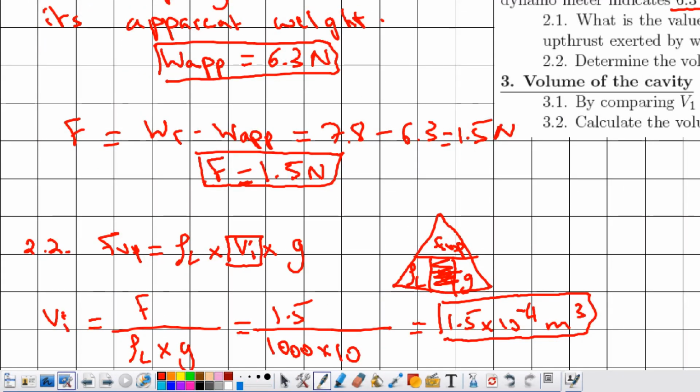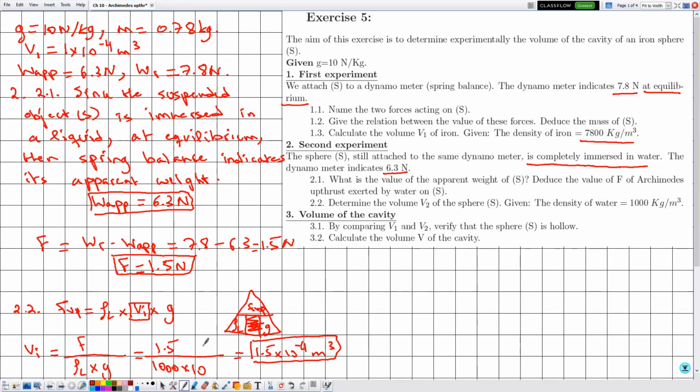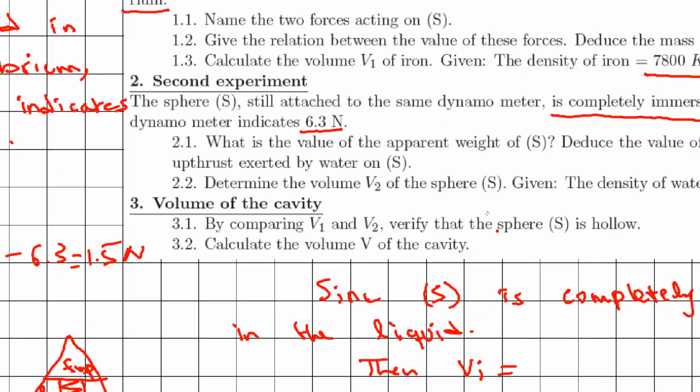But notice that this volume represents the immersed volume of the solid S. They are asking me to determine the volume V2 of the sphere S. Yet we didn't answer the question, but here because the solid S is completely immersed in water, or in this liquid, we have that the volume of the immersed part is equal to the volume which is denoted by V2.